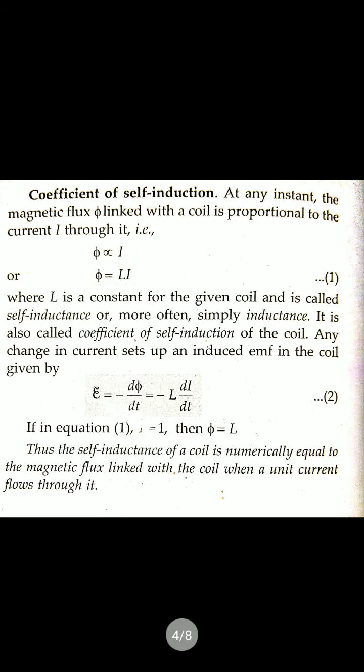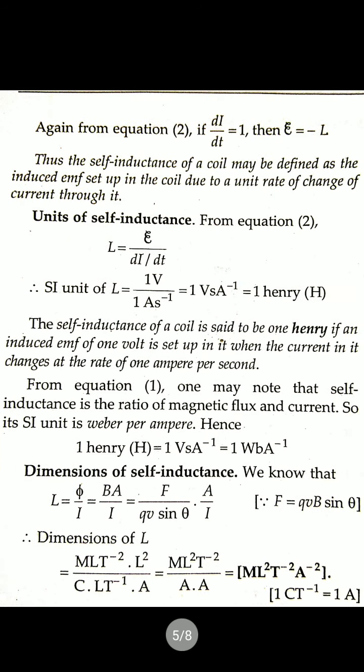Now we discuss the units of self-inductance. From that expression, we can write L equals E by di by dt. E is in volts, and di by dt is the rate of change of current, so that is ampere per second. I is in amperes, t is in seconds. So the unit of L, self-inductance, is volt second per ampere.